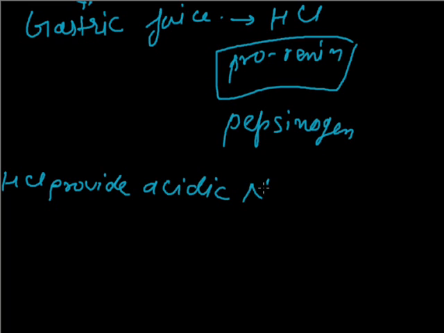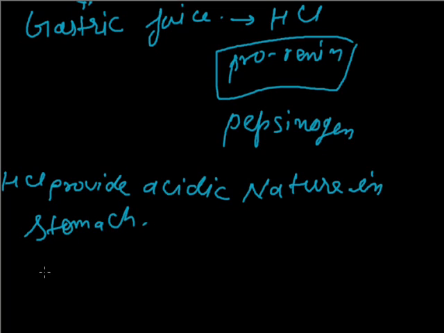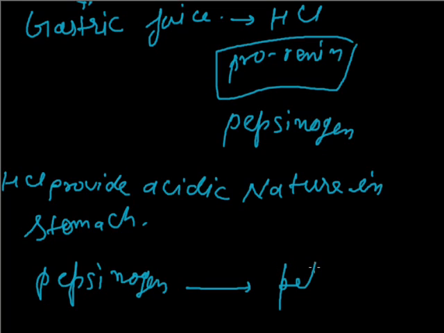Acidic nature in the stomach, and because of the acidic nature, this HCl converts pepsinogen into pepsin. Pepsinogen will convert into pepsin, and this conversion is done with the help of hydrochloric acid.